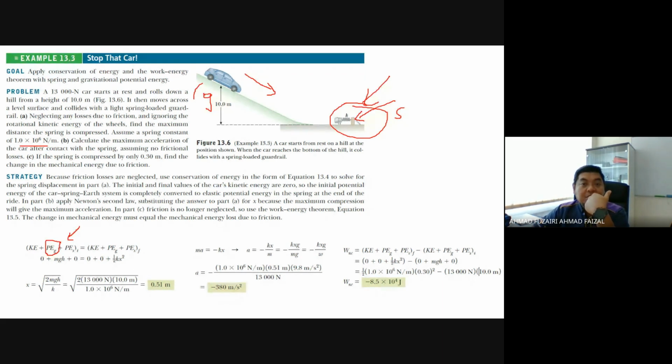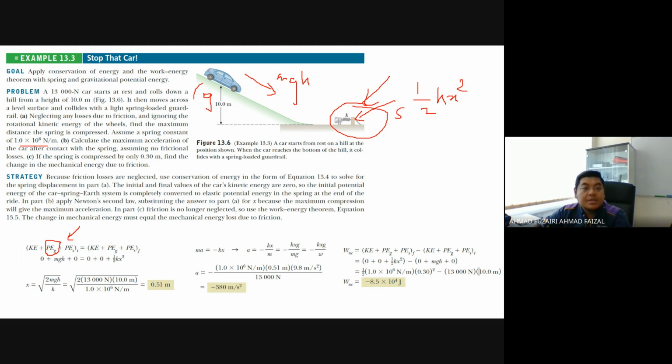So from mgh, it goes to half kx squared. Remember, half k x squared is the elastic potential energy. So all of it has been transformed there. And then we want to find what x is.